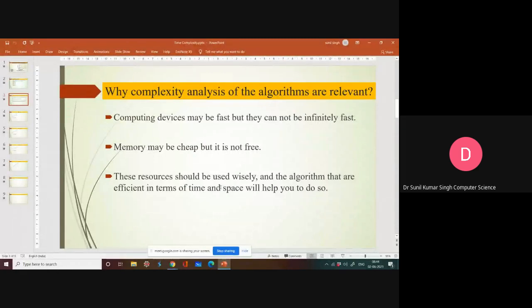If you design the algorithm considering these two factors, then we can achieve these two objectives: less computation power and less storage. These are the two major factors for analyzing the complexity of the algorithm. I hope it is clear to you.